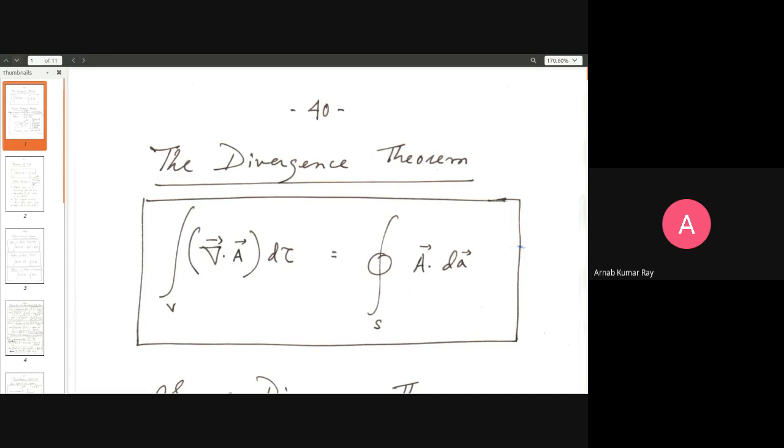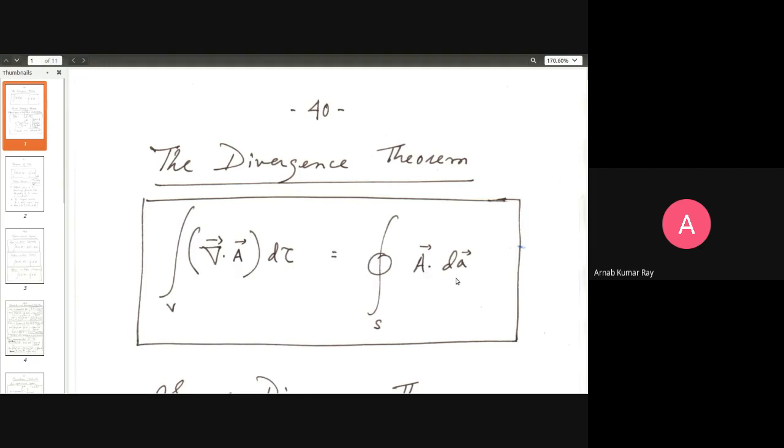So a volume, by the default arrangement, is enclosed within a closed surface. Here we get to the divergence theorem. In the divergence theorem, you carry out a volume integration, and the volume integration takes you to a closed surface integration on the right-hand side.